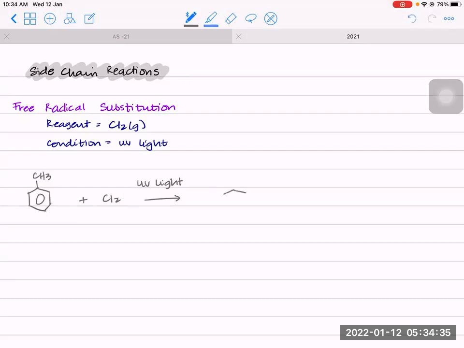And what will happen? You know what happens in free radical substitution? One of the hydrogens is removed and replaced by a halogen. So you substitute it by a halogen. So this will become CH2Cl. And what will we be left with? One Cl from here, and we've removed the hydrogen from here. So you'll be left with HCl. Clear? Now, what do we call this product?